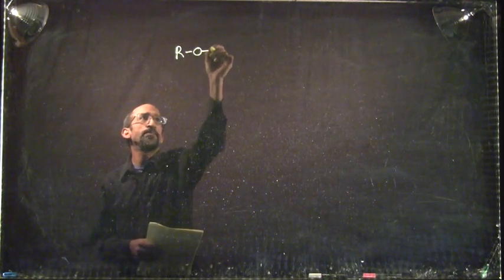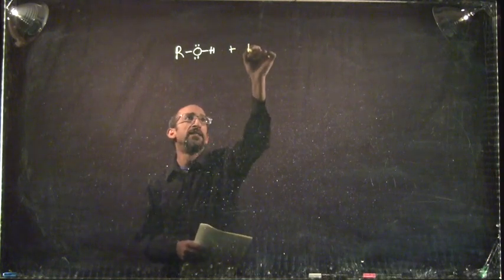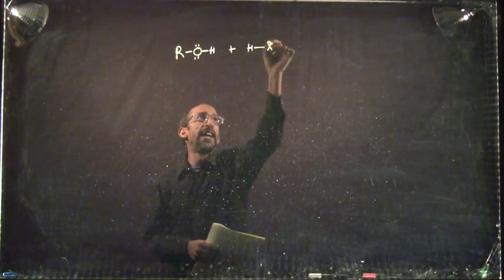So I'm going to write up the overall transformation, the overall substitution of an alcohol when treated with one of our hydrohalic acids. So this is going to be either HCl, HBr, or HI. And so the overall transformation, we start with ROH. We're going to add to that HX.